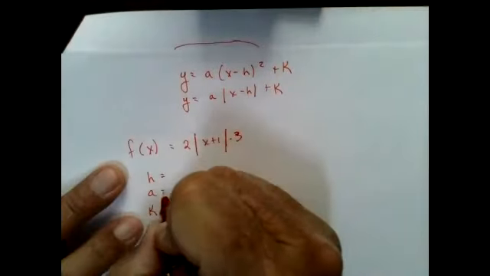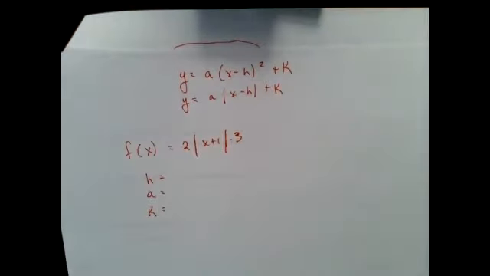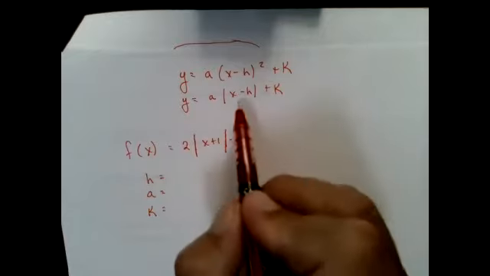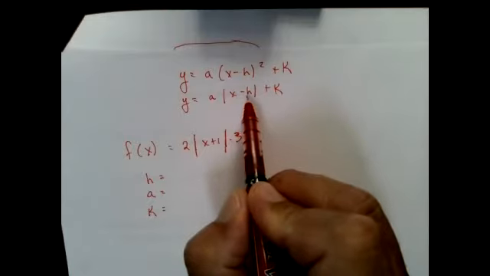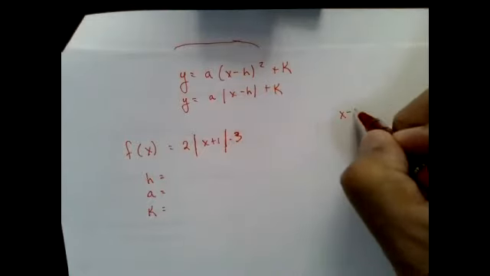What is my h? What is my a? What is my k? H is 1. That means you're really, really close. Remember, this is x minus h.